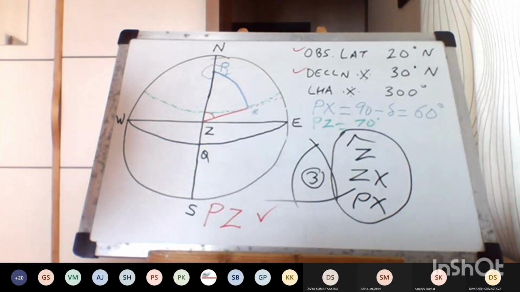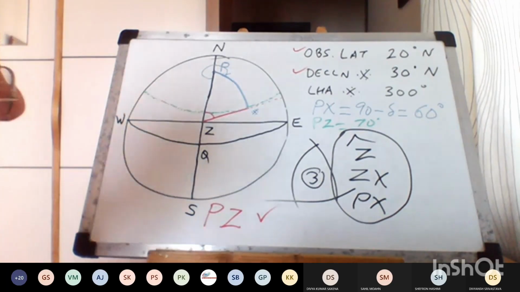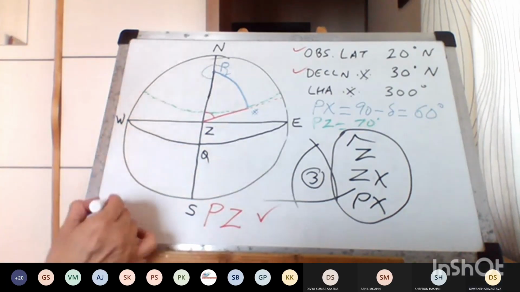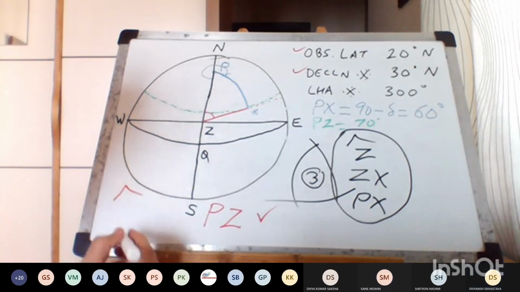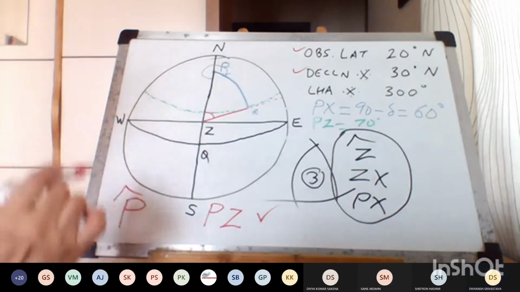And which is the other coordinate which I am interested in? Longitude. How will I get longitude? Angle ZPX, sir. Which angle? ZPX, angle P. Very good.